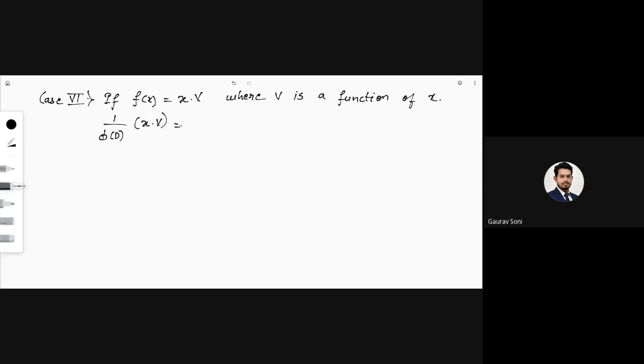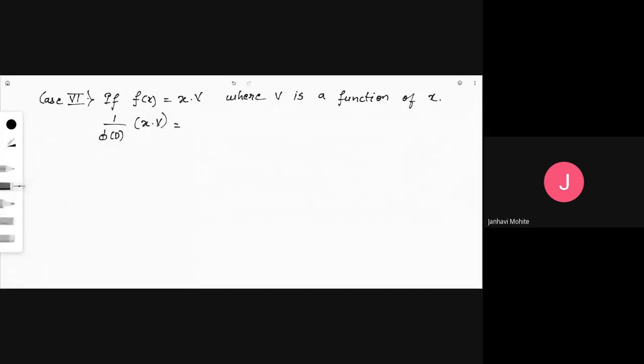What is the difference between the fifth and the sixth rule? Ganesh Desai, what is the difference between fifth and sixth rule? Sir, it is a function of v.